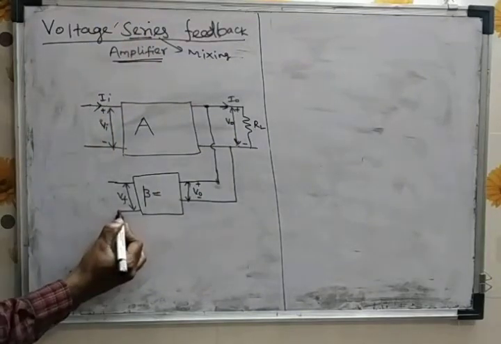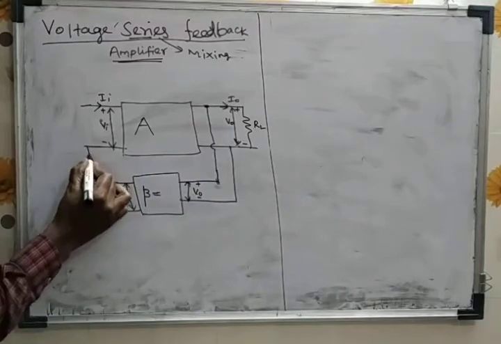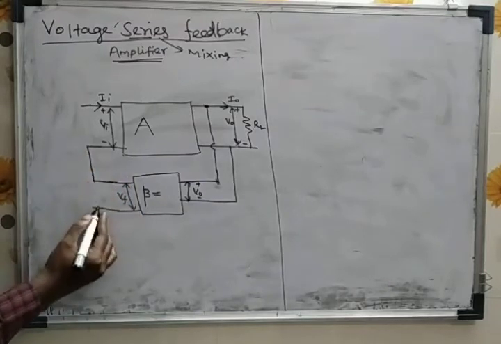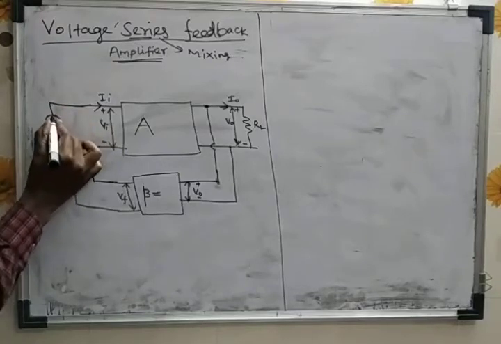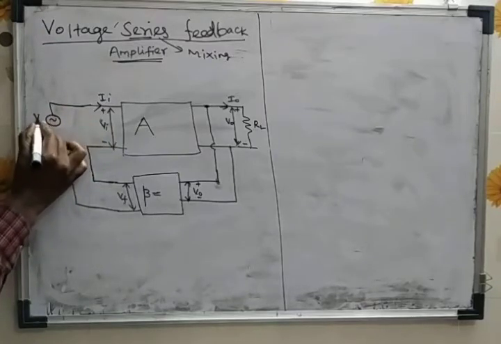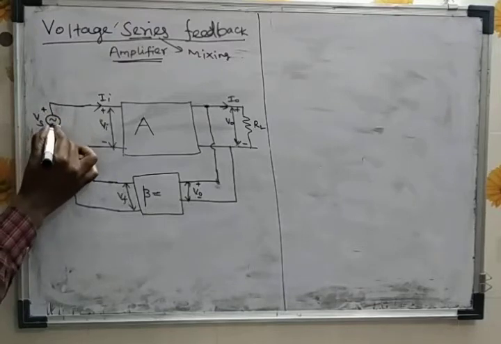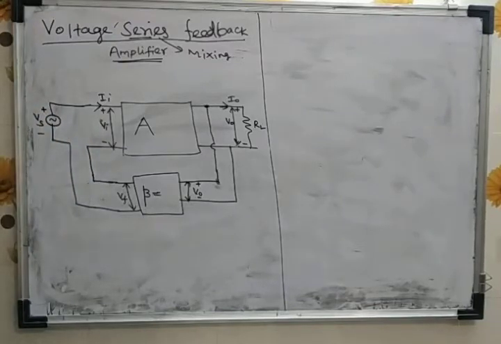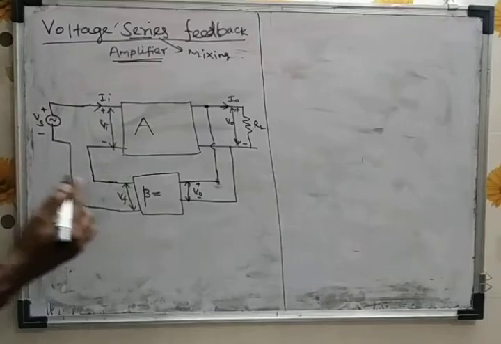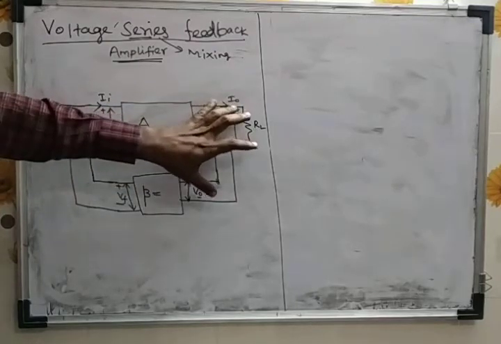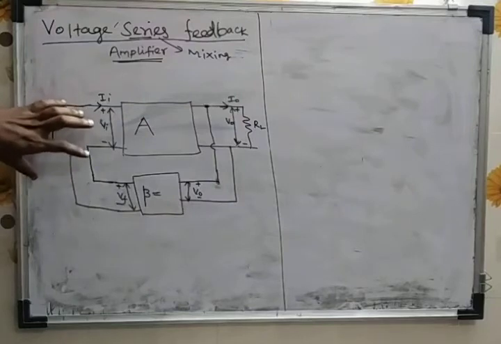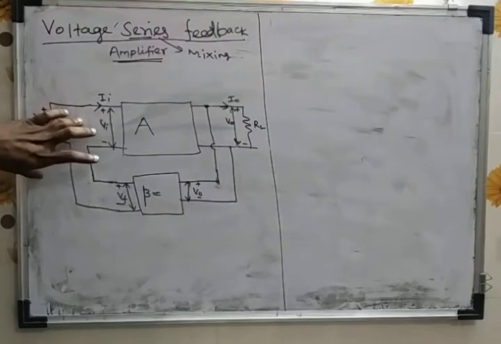So we have to connect like this, and your source voltage is Vs. So here the output is voltage, and the mixer network is also voltage type.